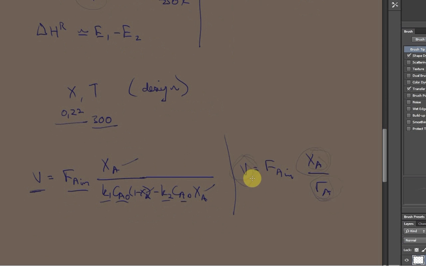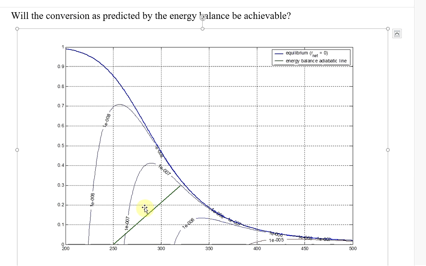In other words, we only need a small reactor if the reaction rate is nice and high. And of course, as the reaction rate drops, then to achieve that same conversion, the volume must be much greater. So that is a concern for us. So as we are moving along this line, the reaction rate is changing. And so somewhere along the line, there exists some best choice. So that's something of interest to us that we need to think about.